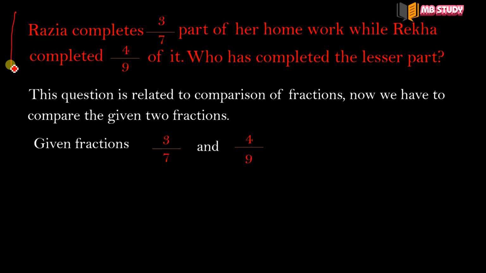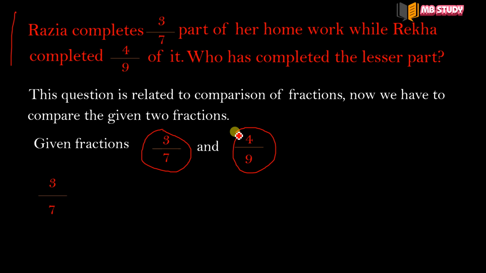Now we have to convert these unlike fractions to like fractions. How can we say that these fractions are unlike? By observing the denominators. Denominators are not equal. That's why the given two fractions are unlike fractions.